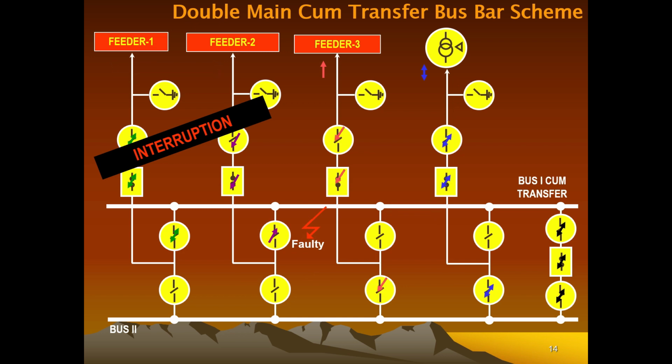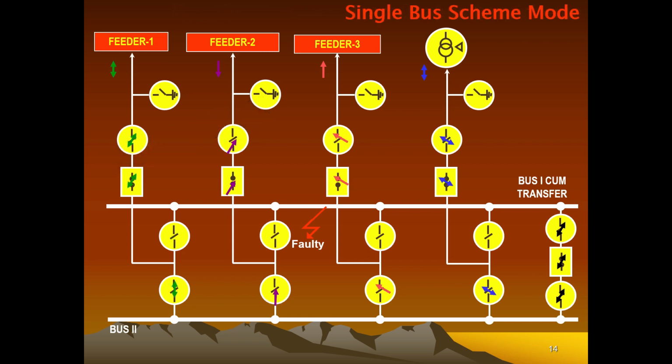Now in case there is a fault on main bus 1, what happens? Some of the circuits which are connected to that bus will get tripped, and there will be a loss in power. But suppose there is a problem in the bus bar for a longer duration of time, or suppose there is a bus 1 outage for maintenance work.